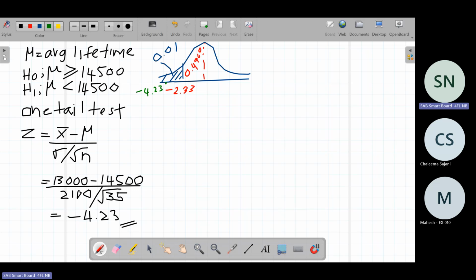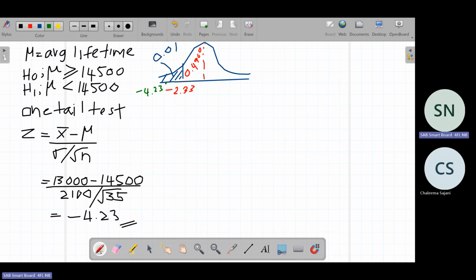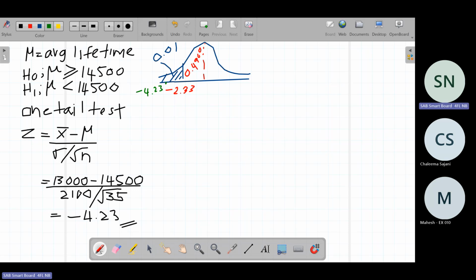Then you can write: we have enough evidence to conclude that the average lifetime is less than 14,500 at 1% level of significance. Okay. Now clear?